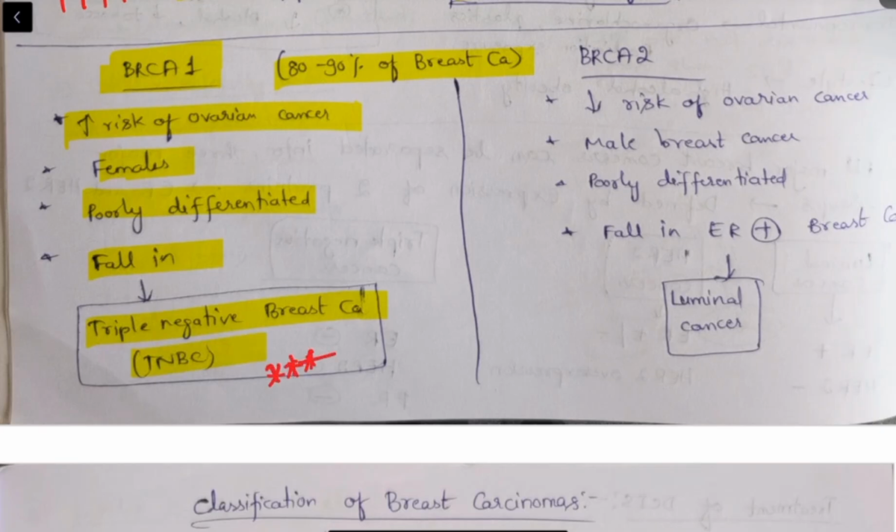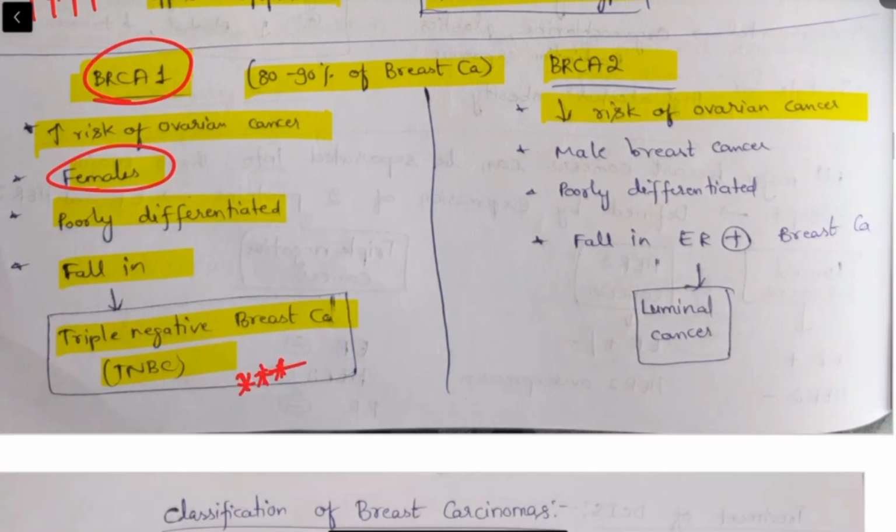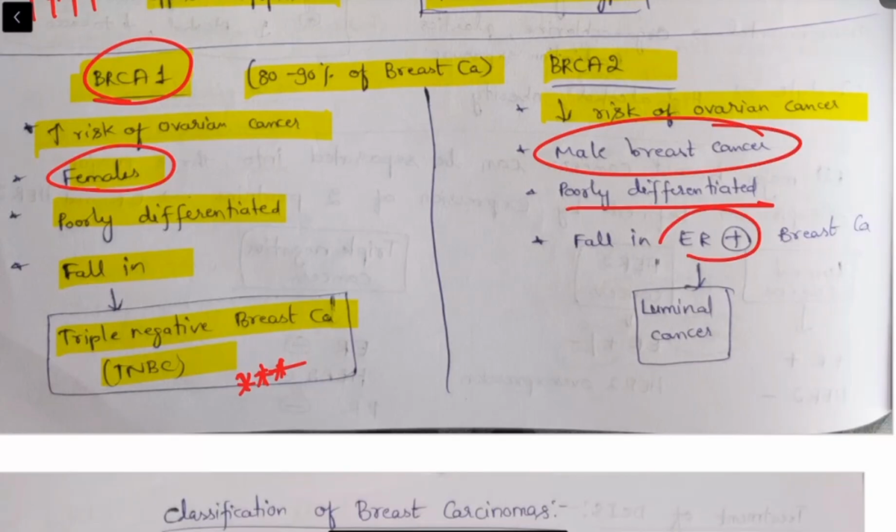Okay, females first, so BRCA1 in females. Similarly, BRCA2, in this gene mutation, there is increased risk of ovarian cancer, and it is usually seen in males and poorly differentiated. Again, these fall in ER positive breast cancer, that is luminal cancer. So males will usually have luminal type of cancer, whereas females will have triple negative type of cancers.